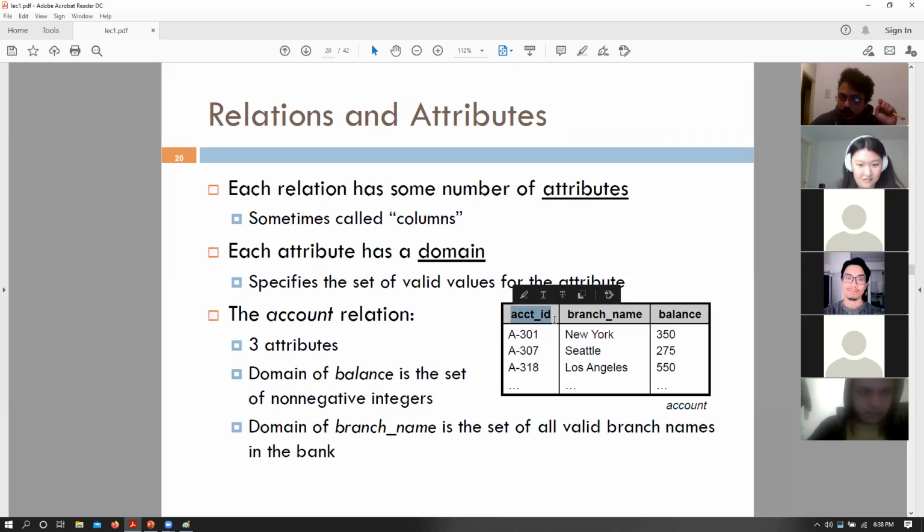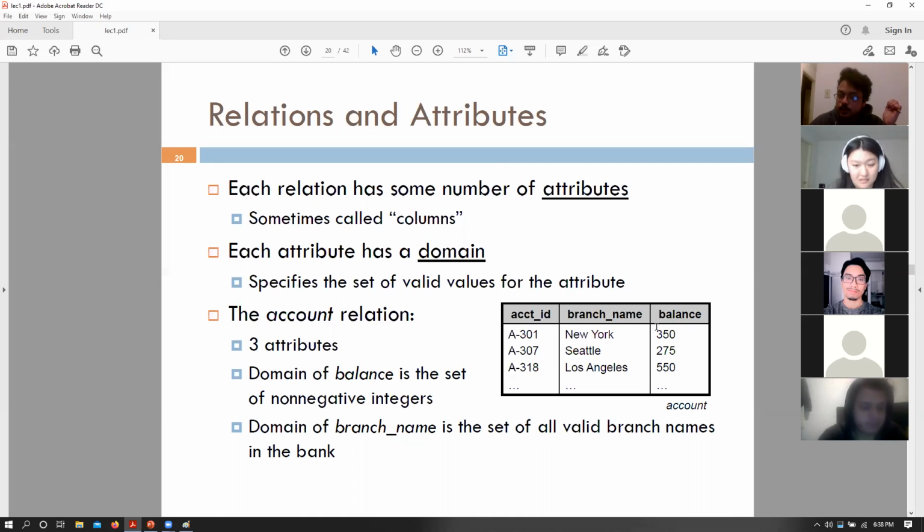So essentially account ID, branch name and balance are all attributes of your table, right? Now, individual tables have records, right? So individual records are A301, New York, 350. These three attribute values together make up a tuple, right? So individual rows are called tuples.